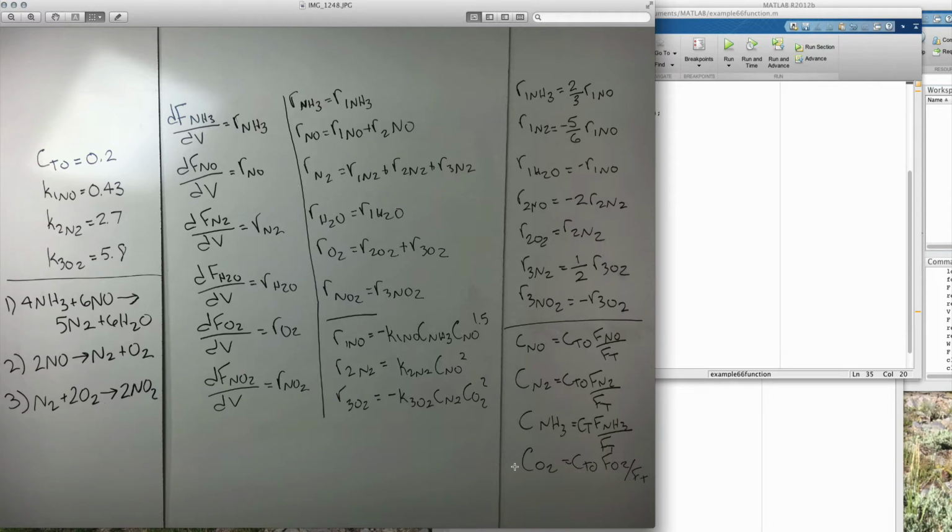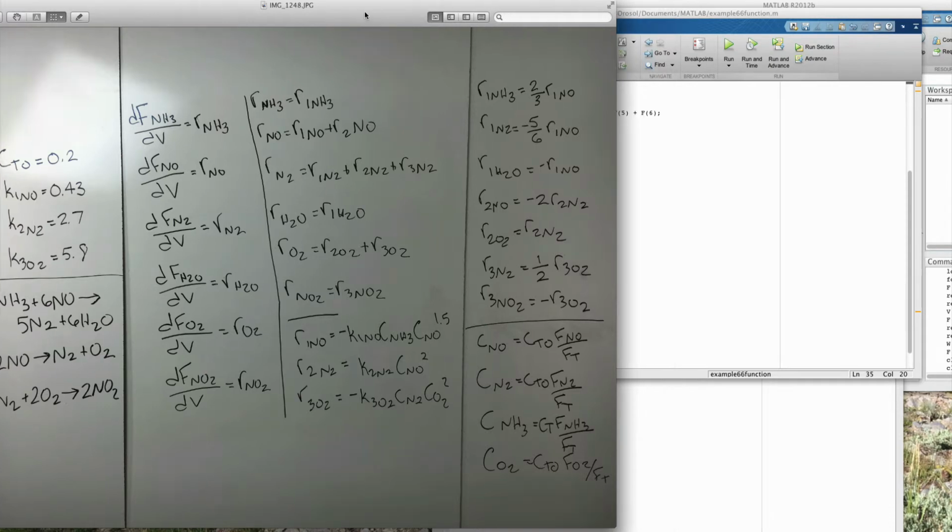You could get a concentration for any of the species, so you would just write another equation. Say you wanted the concentration of H2O, then it would just be CH2O equals CT0 multiplied by FH2O divided by FT. I just have these because these are the ones we needed. And then we have the constants, and these are the reactions.